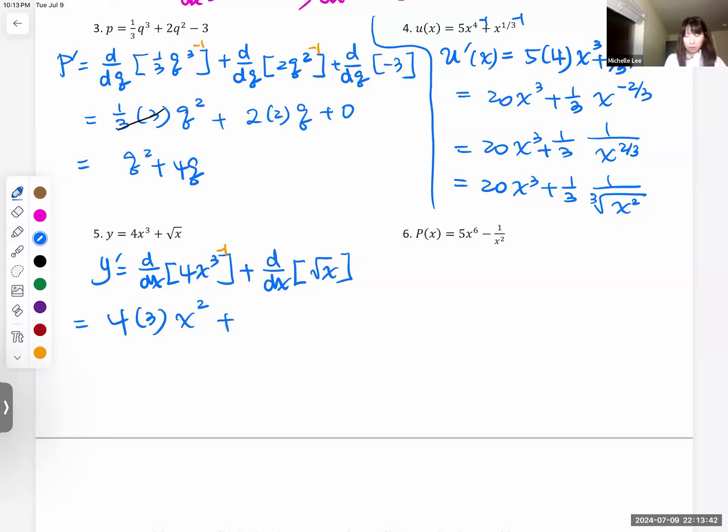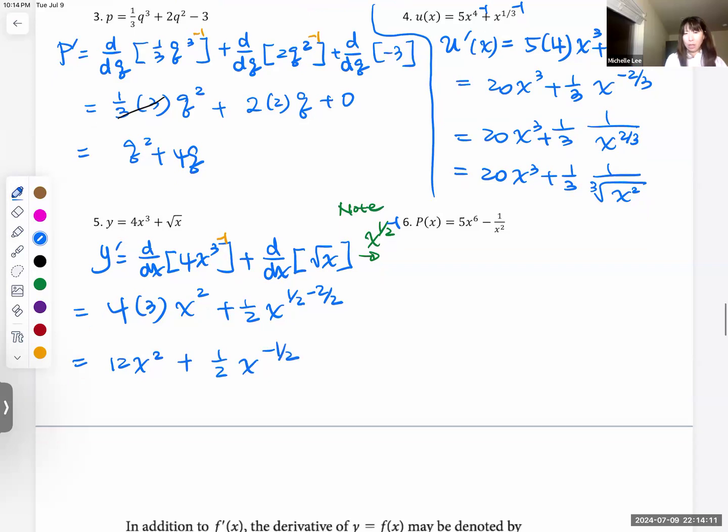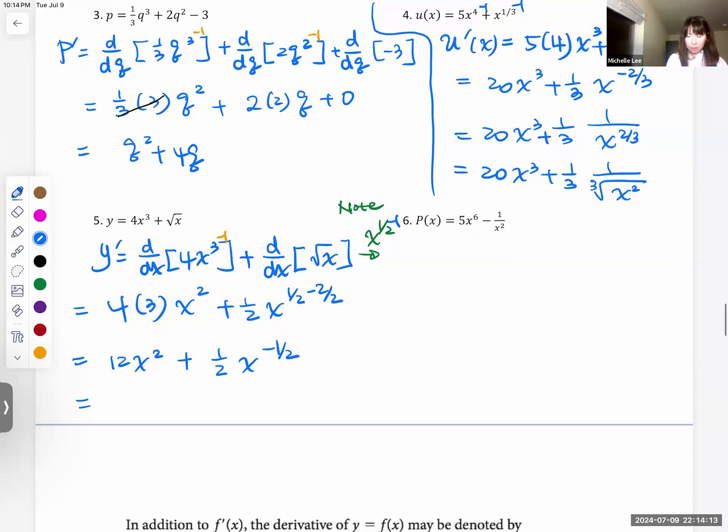Plus, this one we have x to the 1/2 power, right? So we drop the power, reduce by 1: 1 over 2 minus 2 over 2. So there will be 12x to the second power plus 1/2 x to the -1/2. Okay, x to the -1/2 we can rewrite easily as 1 over the square root of x, yeah?